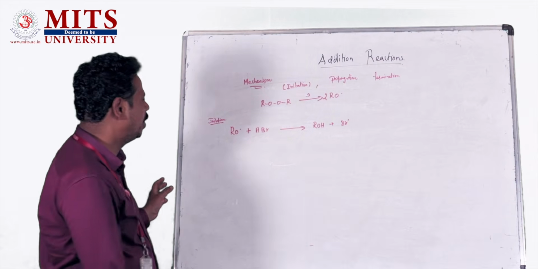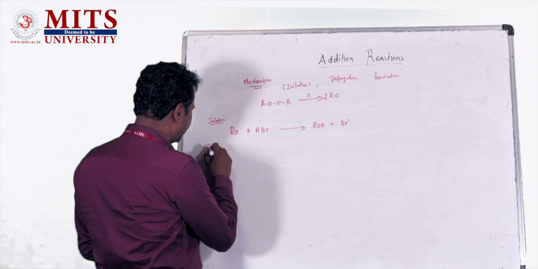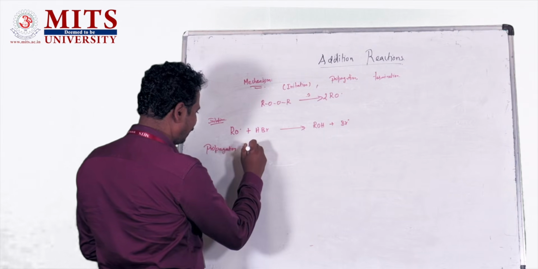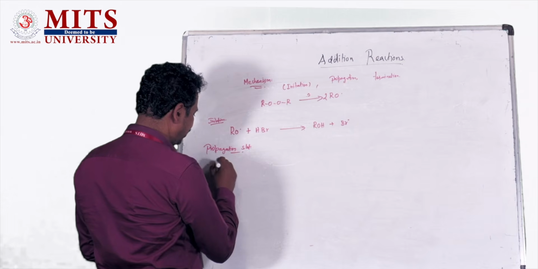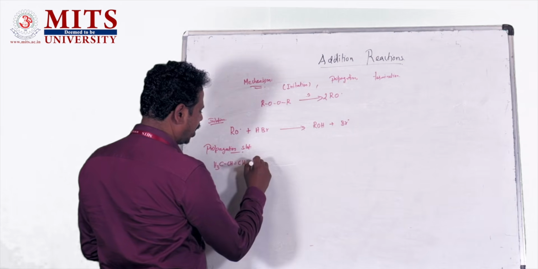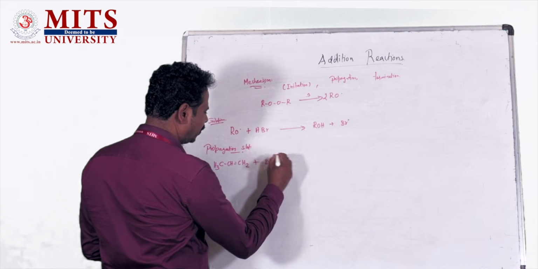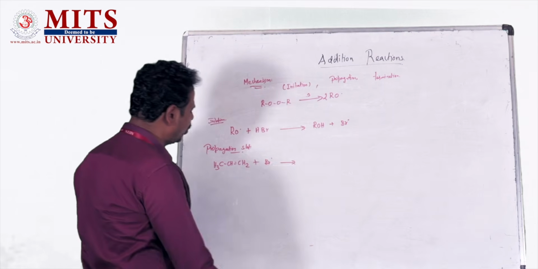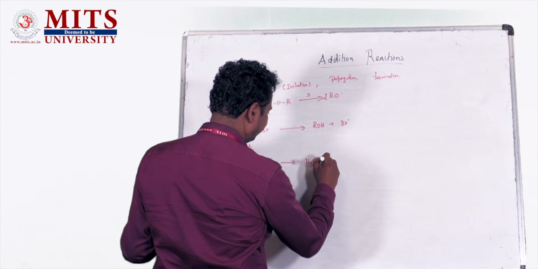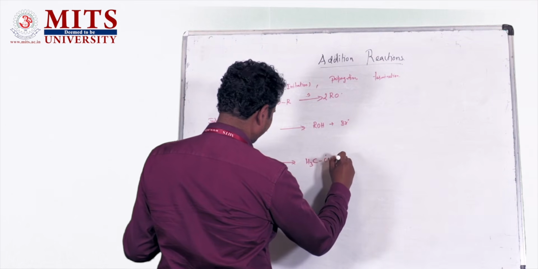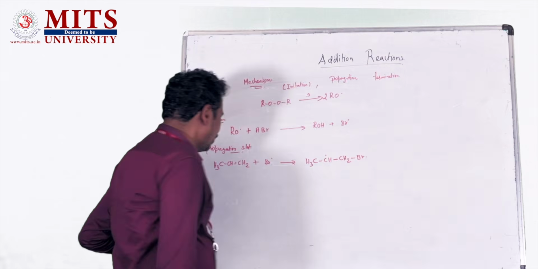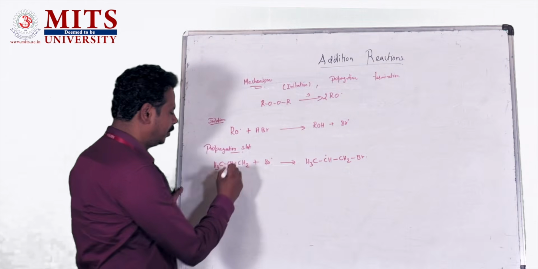Okay. And afterwards, the propagation step: take this molecule of propene and react with this Br dot. So the mechanism goes here, the bond.